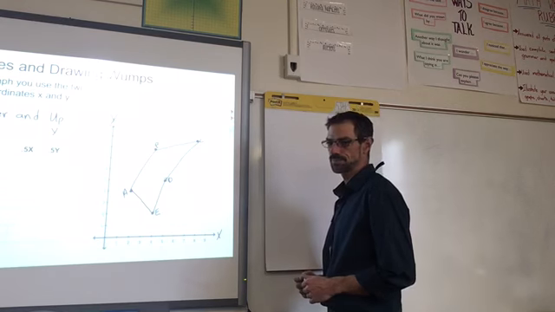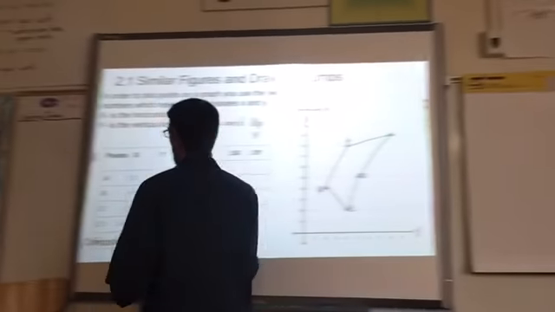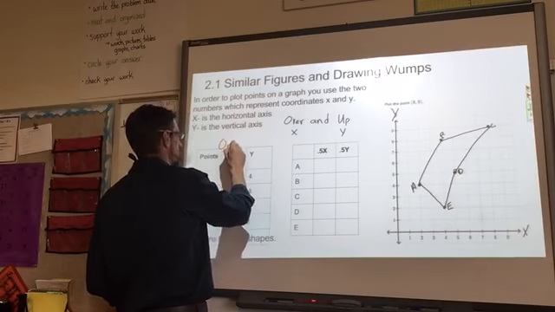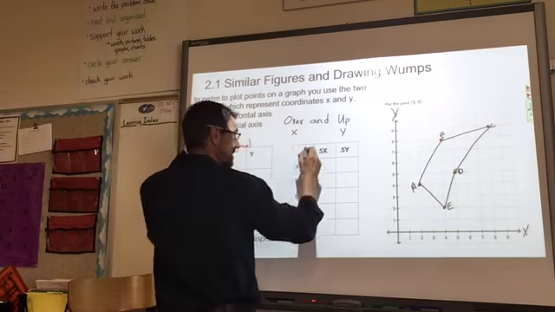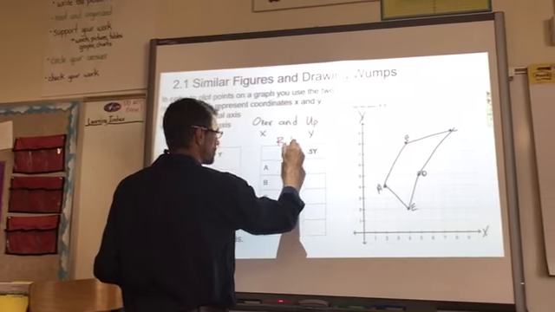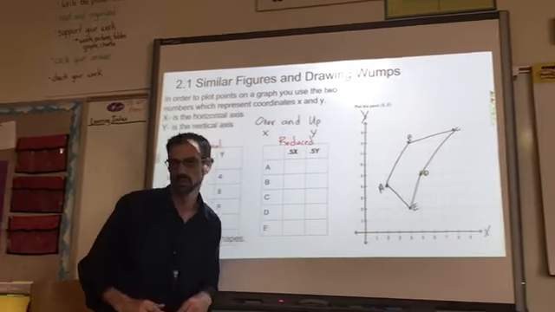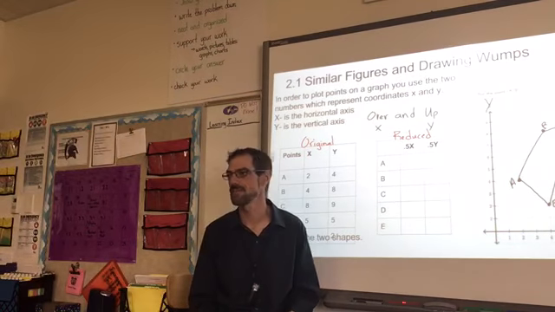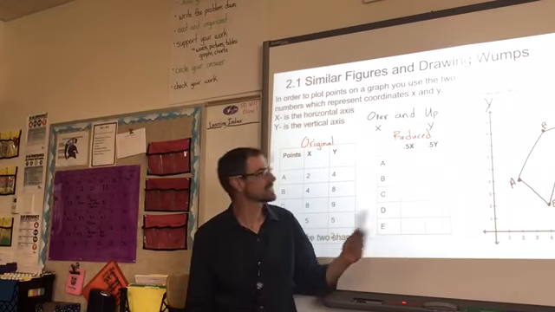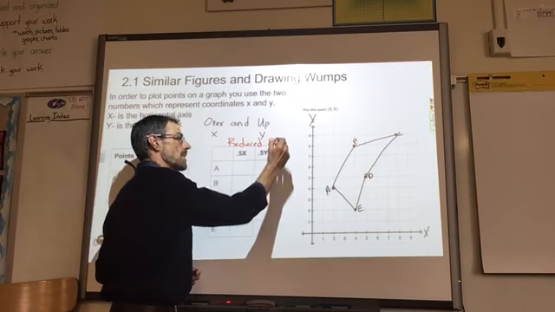So now I am going to make a new shape. I want you guys to write original above this one. And this new one is going to be called the reduced, because I am going to make this one smaller by 0.5, by a scale of 50%. This is reduced by 50%.